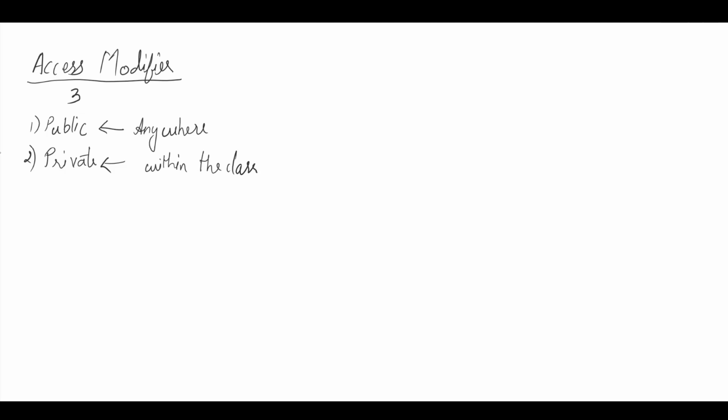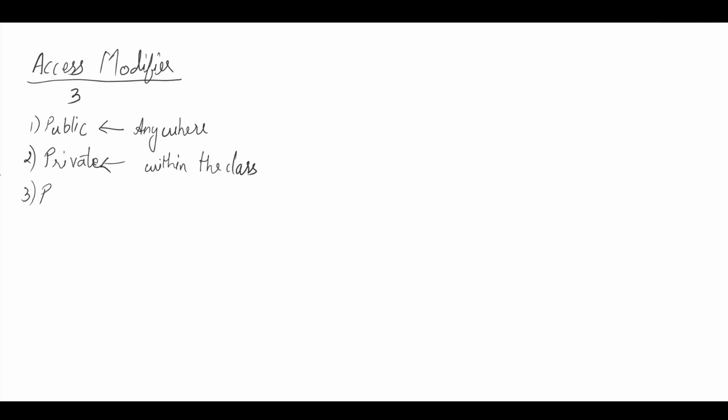If you have attributes as private, only the methods within the class will be able to access them. If you have a method private, only other methods in the class can access that method. No other classes will be able to access those attributes or methods.